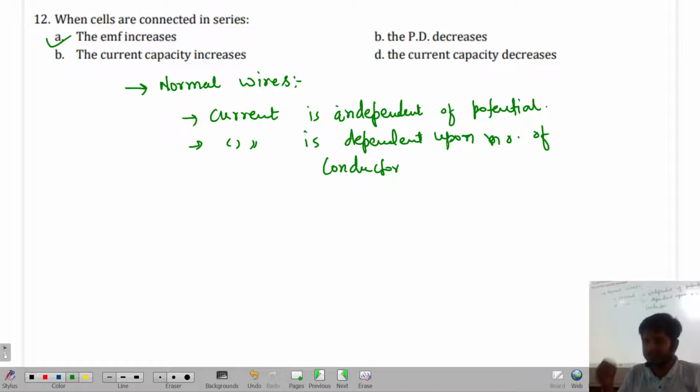Okay, write this fast. Current is independent of potential. Very important point.